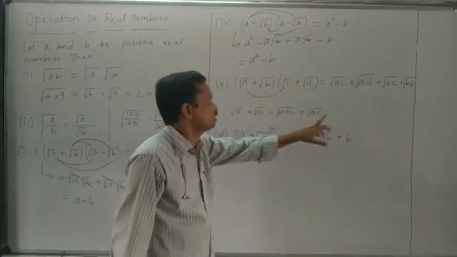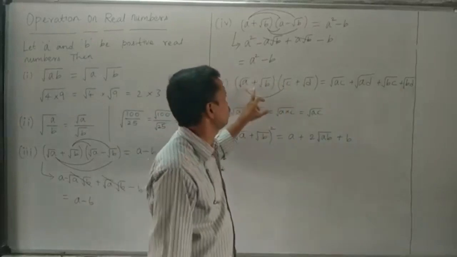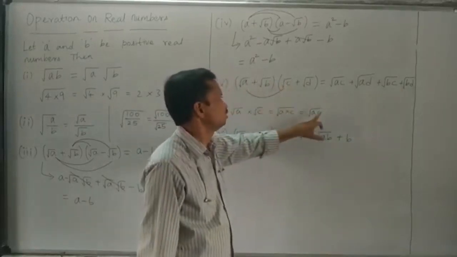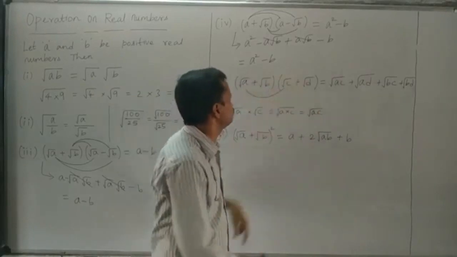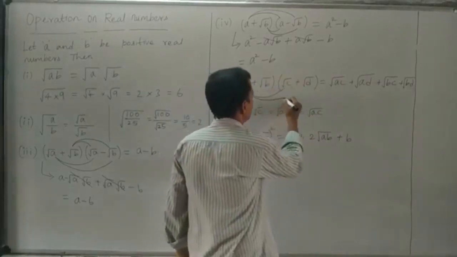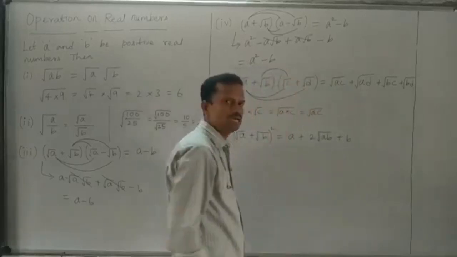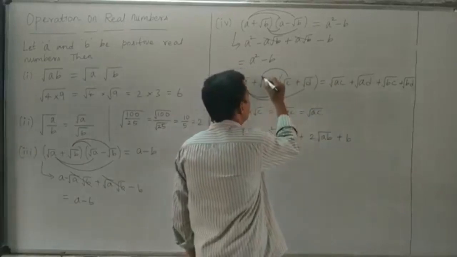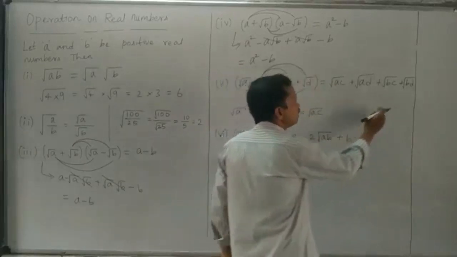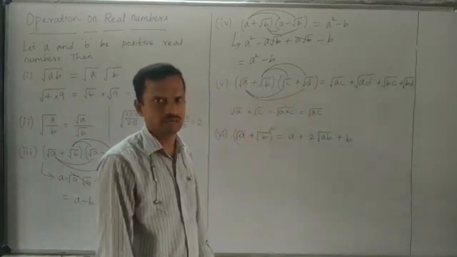So if you multiply, you get square root of A into square root of C, root AC. And then square root of A into square root of D, you get root of AD here. And root B into root C, you get root BC. And root B into root D, you get root of BD. So this is the way we can easily write that.